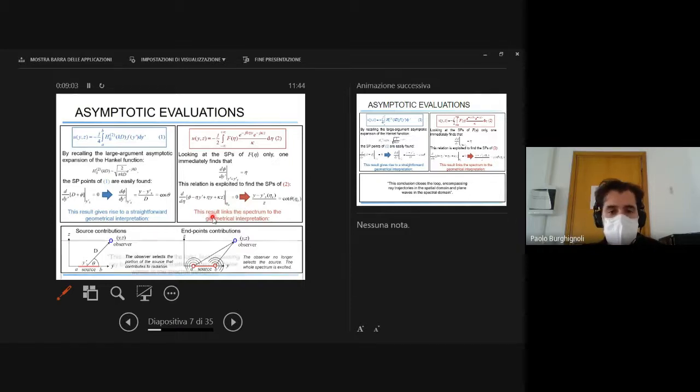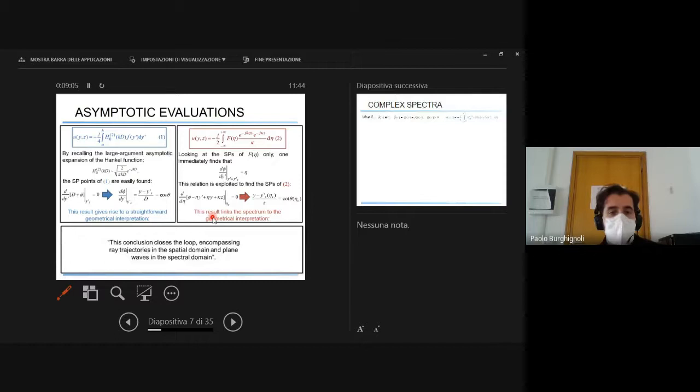This conclusion closes the loop: ray trajectories in the spatial domain are associated to plane waves in the spectral domain, because here this angle is associated to the spatial angle of the spatial interpretation, while here this angle theta is associated to the spectral angle of the plane wave that is propagating along a given direction.